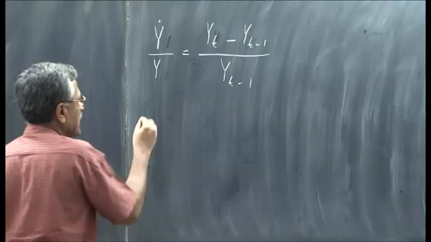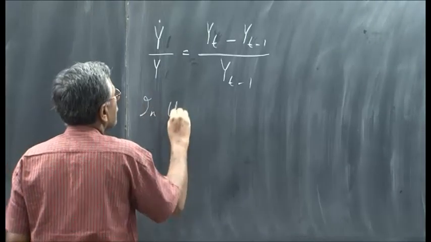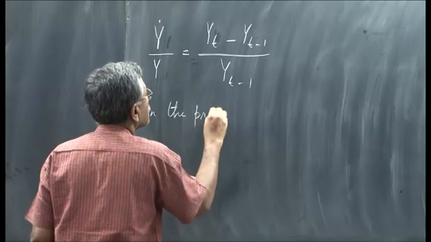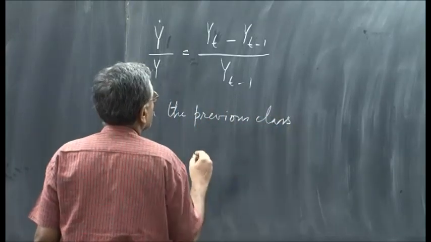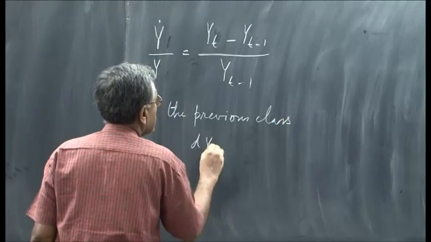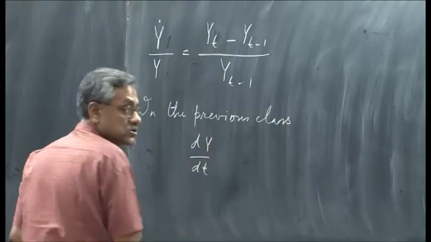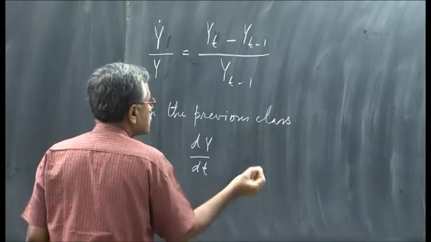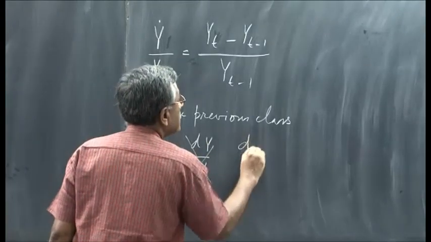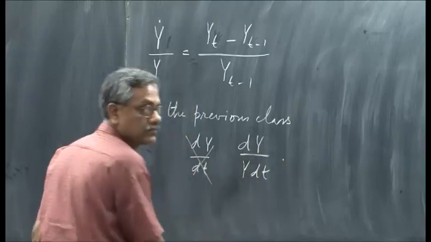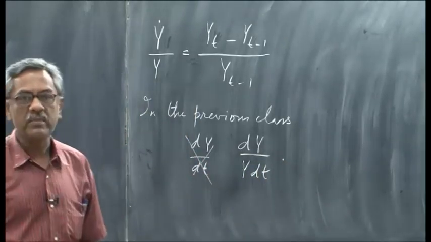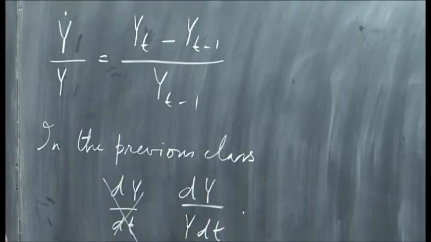In the previous class, I wrote dy/dt, which is not correct. It should be dy over y into dt. An arithmetical error I made using calculus notation to measure rate of change.